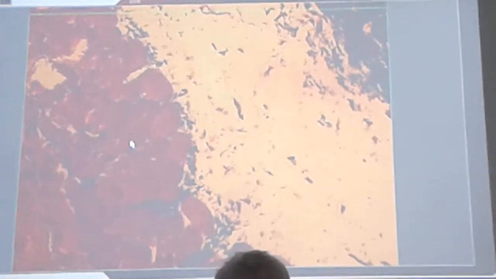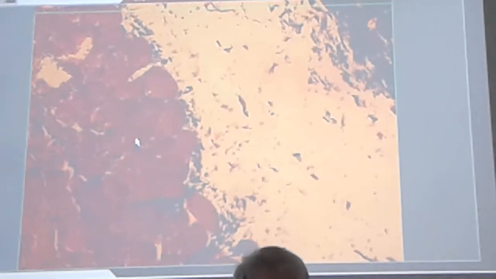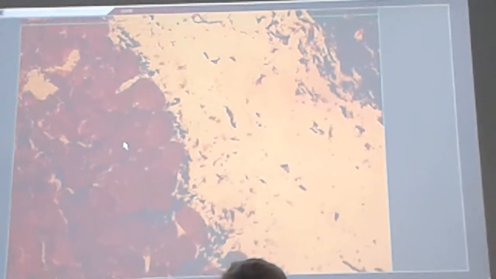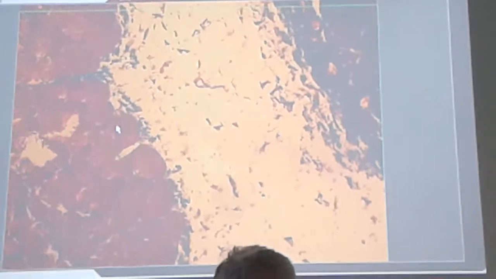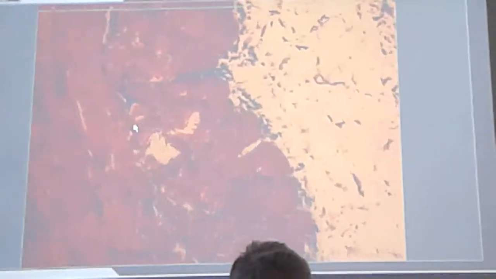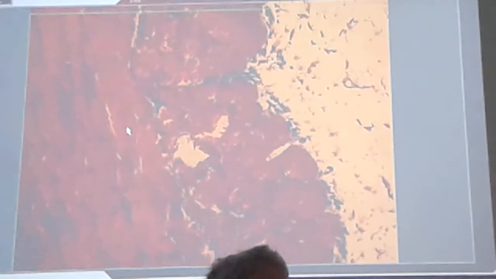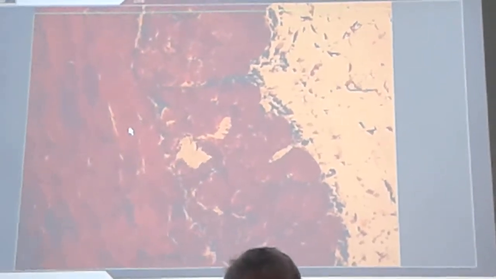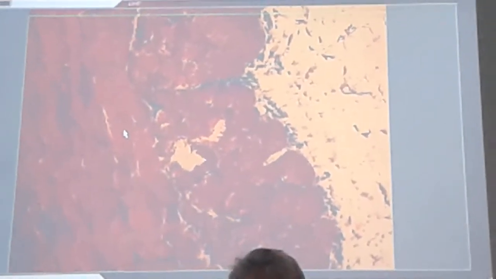Here, depending on the part of the esophagus from which our section is obtained, we can sometimes observe some striated muscles, or in some parts we can see smooth muscle cells. I'm sure those in the lecture would remember that the upper one third of the esophagus is more striated, the middle one third is a mixture of striated and smooth muscle, and the lowest part is completely smooth muscle.